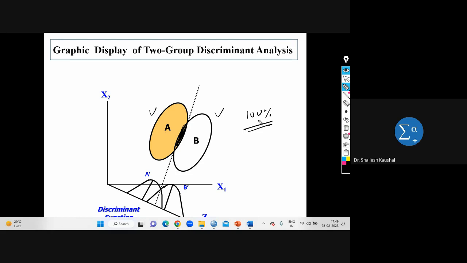We can predict 100% our buyers, but no model is 100% fit. Some model may be 90%, some error. Some model can predict 80% correct and 20% not correctly classify the objects. So this overlapping should be less, or theoretically it should be mutually exclusive, completely different from the other.